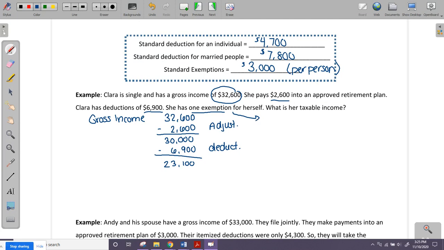Remember, an exemption is $3,000 per person. So exemptions we also subtract out. When we subtract this out, we get $20,100. And that is the taxable income.